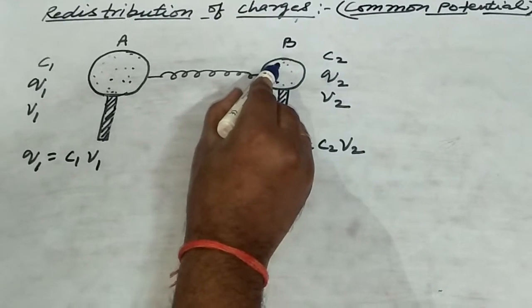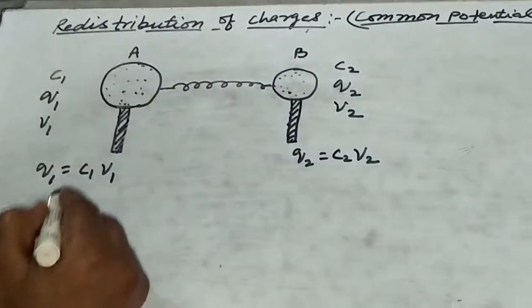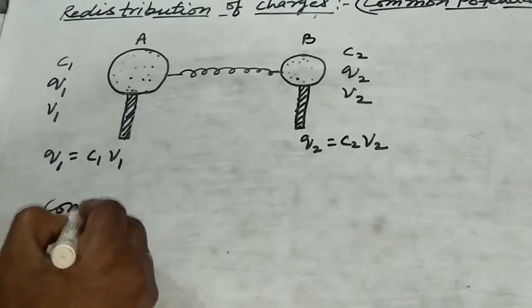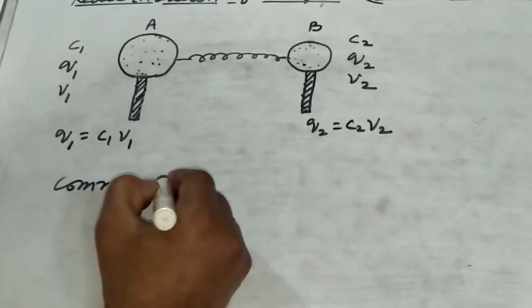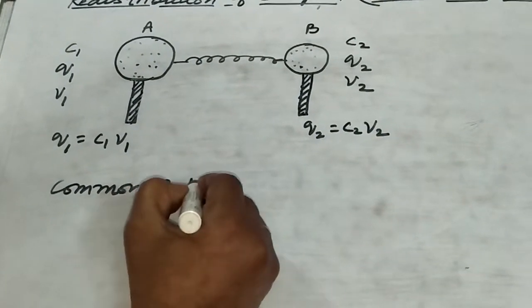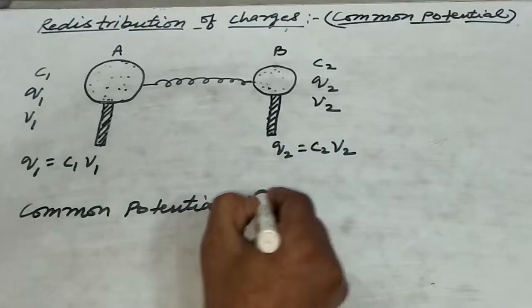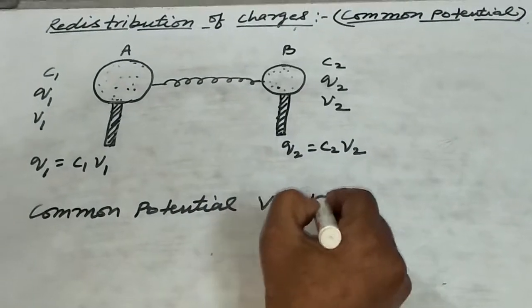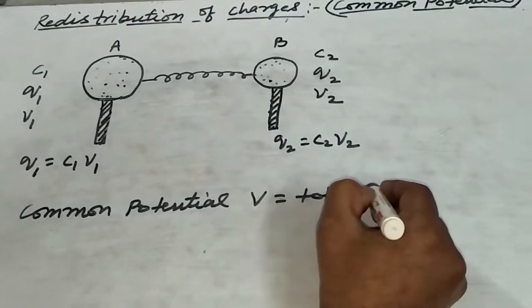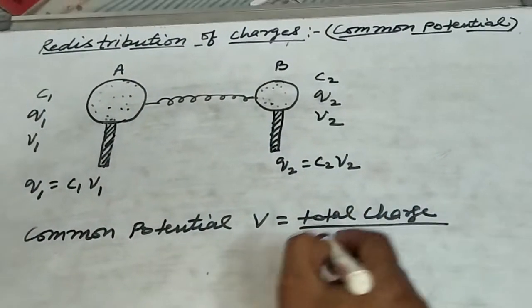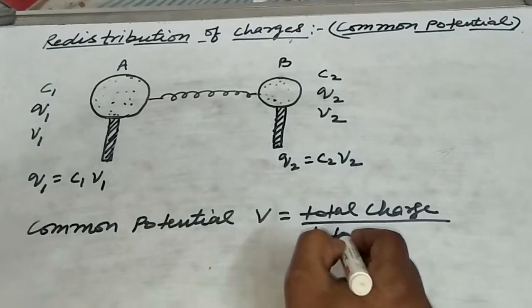That potential is called the common potential. So the expression for this common potential V is equal to total charge upon total capacitance.